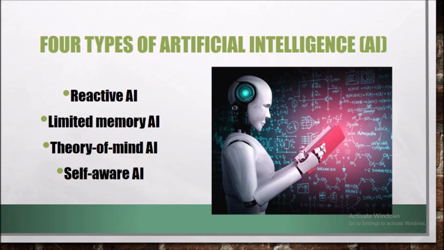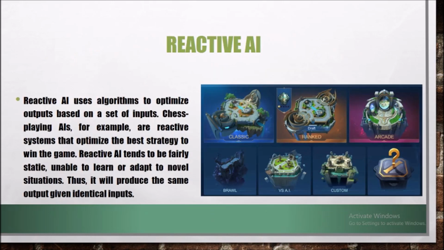Dili pasabot nga dapat ang AI tao gyud siya. But then it functions as it mimics the actions of human beings. Okay, now let's begin with reactive AI. Try to focus on the image that I have provided together with the description here. Unsa man na siya? Familiar kayo ni, especially those ML players.